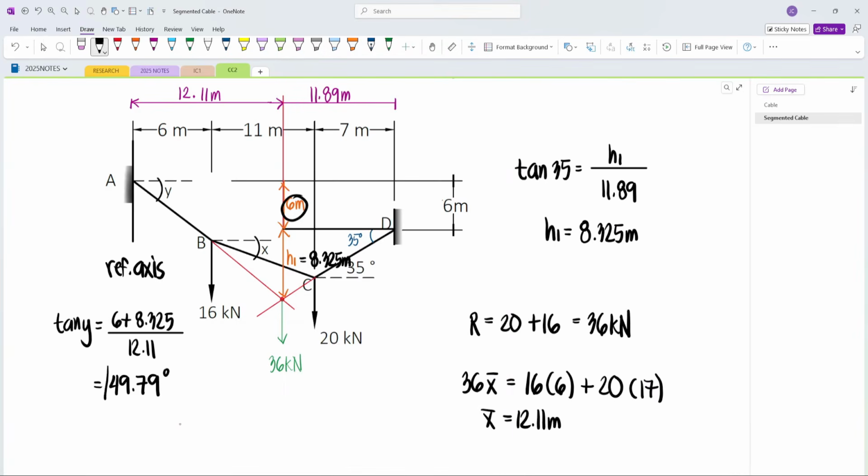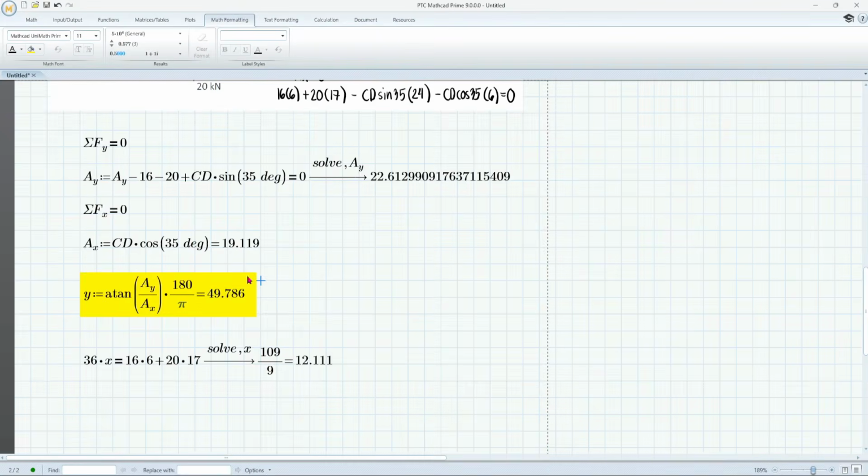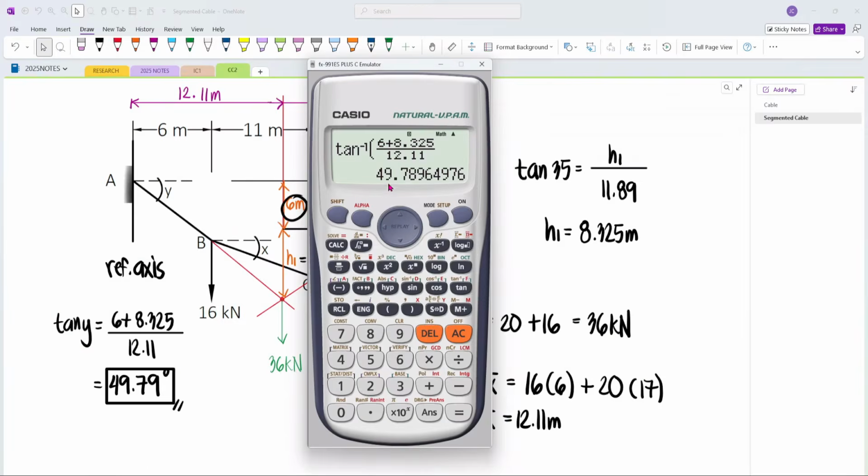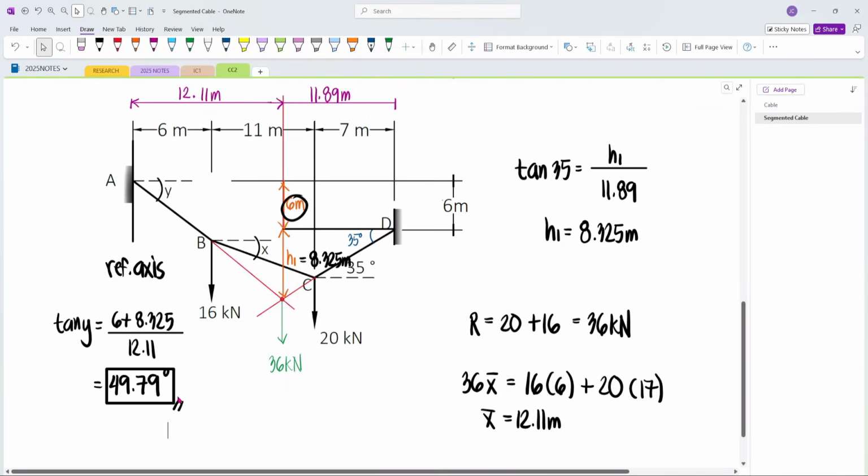Then, this is in degrees. So, di ba, nakuha natin yung angle Y without using equilibrium equations. Ito yan, 49.79. Now, meron lang discrepancy since nag-round off kasi tayo. Ayan. So, 49.79.